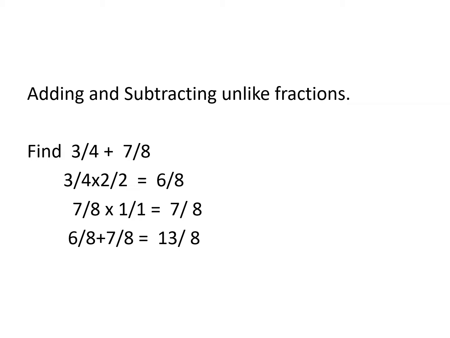Write the first fraction, 3/4 multiplied by 2/2. Answer is 6/8. Write the second fraction, that is 7/8 multiplied by 1/1. Answer is 7/8. Now add both, 6/8 plus 7/8.